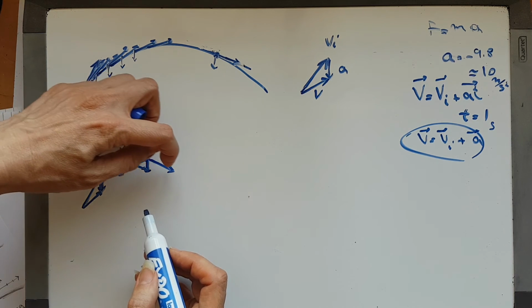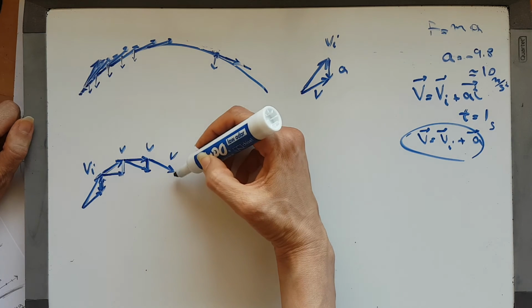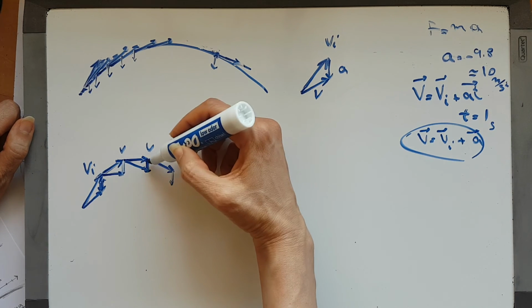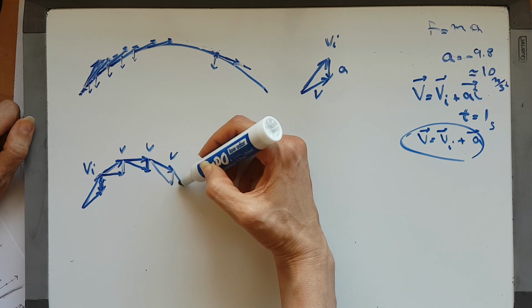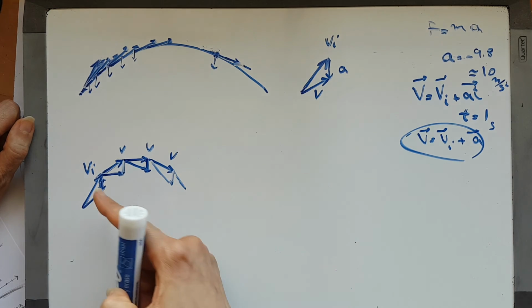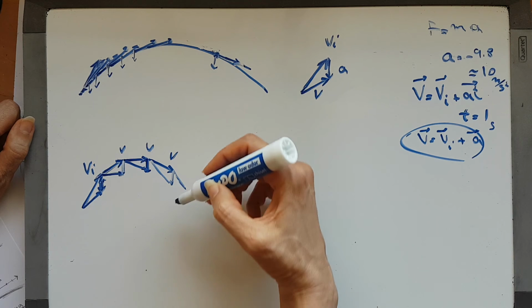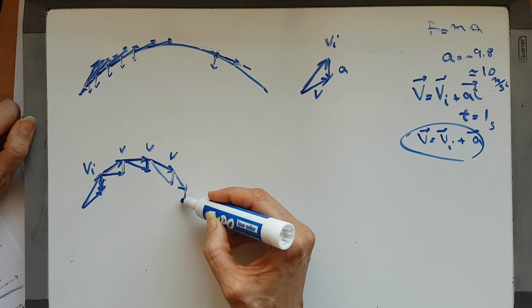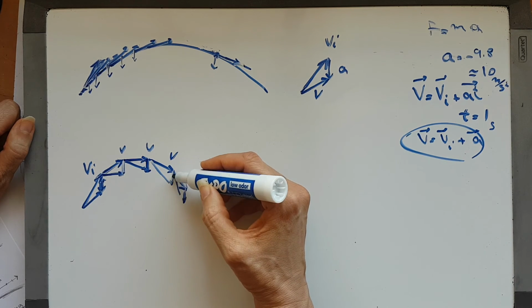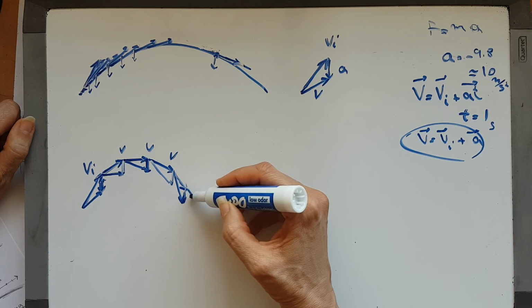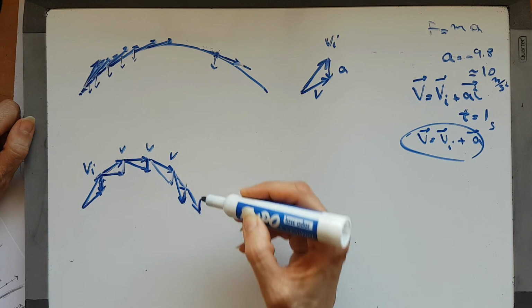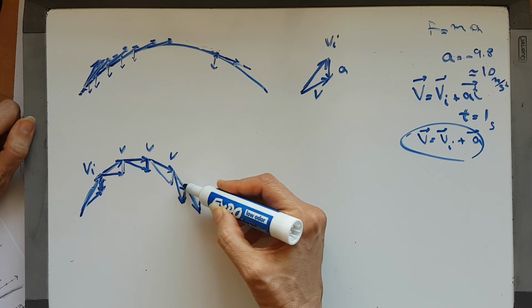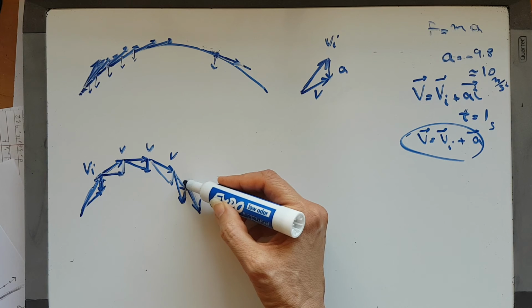This is after the end of the third second. And you draw this a here, so this would be after the end of the 4th second. And this is the other one, which is after the end of the 5th second.